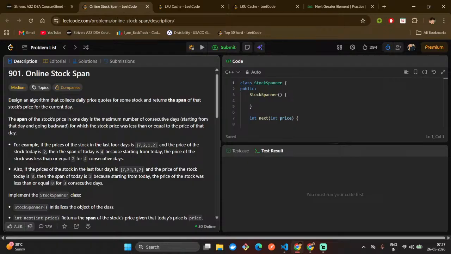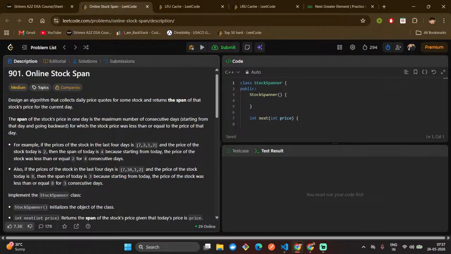The span of a stock price in one day is the maximum number of consecutive days starting from that day and going backward for which the stock price was less than or equal to the price of that day.